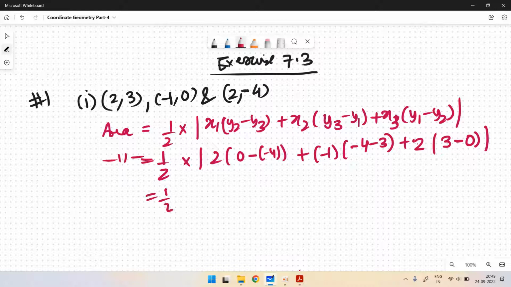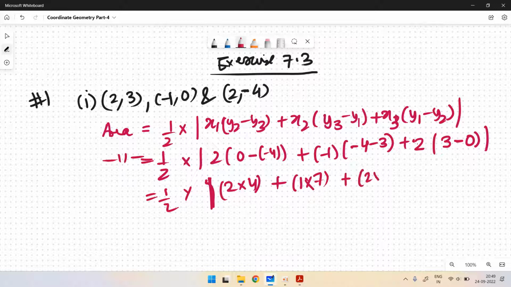This is half into mod. This is 0 minus minus 4 is 4, so 2 into 4, plus minus 4 minus 3 is minus 7 into minus 1, which is 7, so 1 into 7 only, and then I'm cancelling the minus sign, so this is 2 into 3.